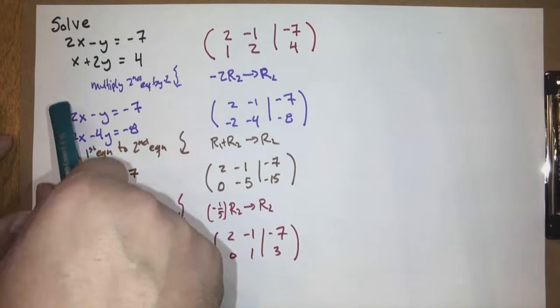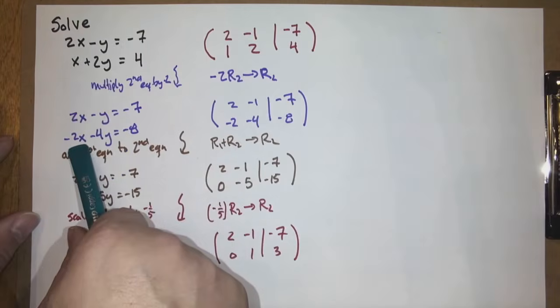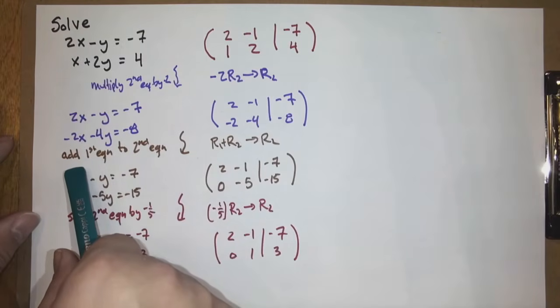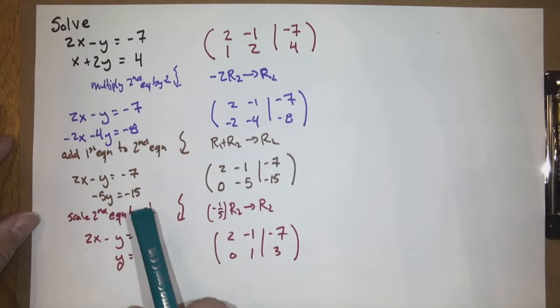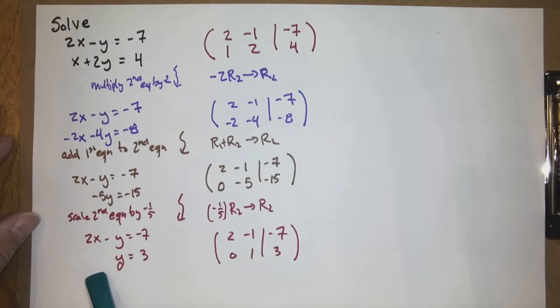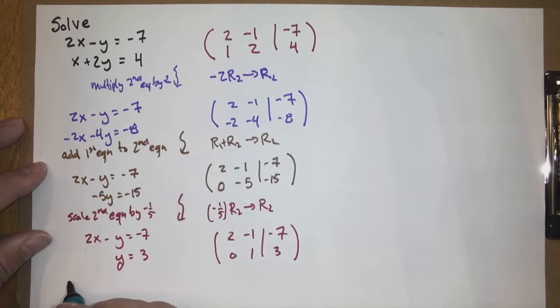How did we get rid of this x? We added the equations. So we can do something similar here. Is there a way to combine these equations to help us get rid of this y? Well, yeah. We can add the second equation to the first equation.